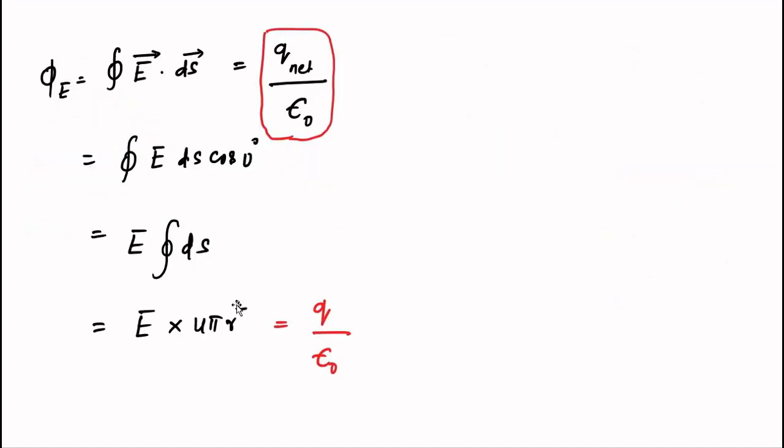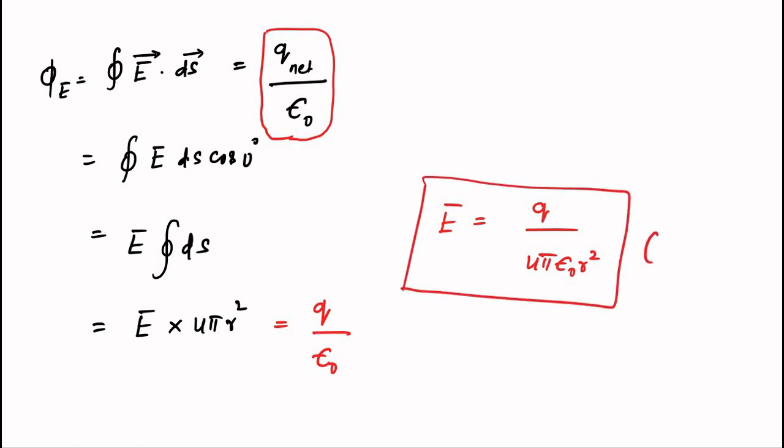So this becomes Q by epsilon 0. If we want to determine the expression of the electric field, that becomes Q by 4 pi epsilon 0 r square. This is the expression of the electric field outside the shell at a distance r from center O.